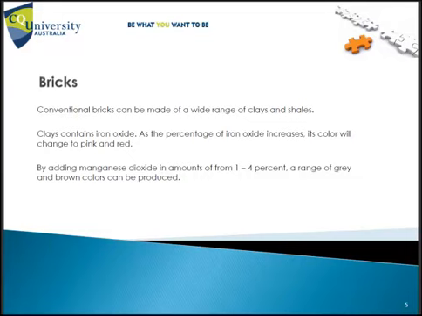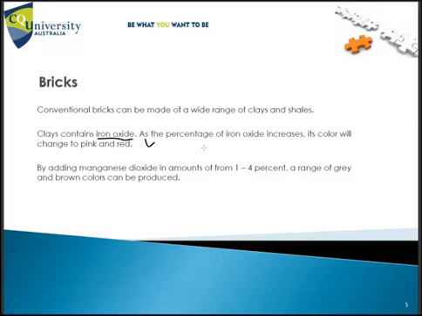And the bricks can be made of a wide range of clays and shales. And there are two ingredients in the bricks you should remember. One of them is iron oxide. The iron oxide is related to the color of the bricks. The more iron oxide the bricks have, the more their color will change to pink and red.